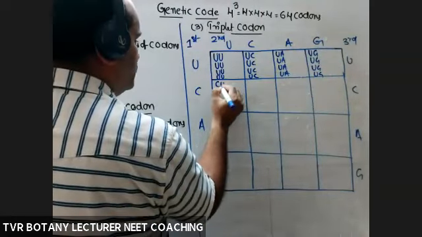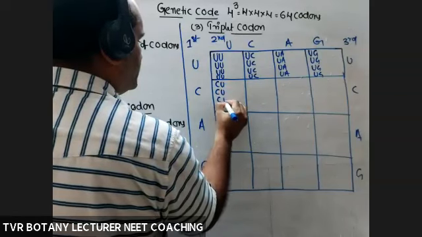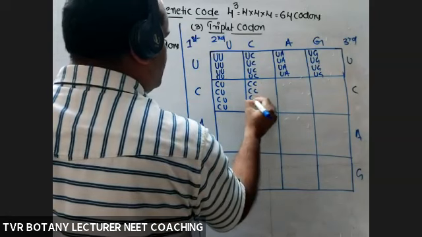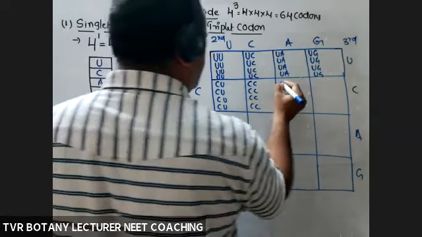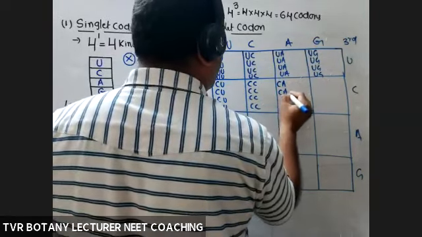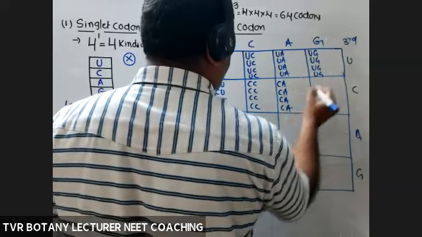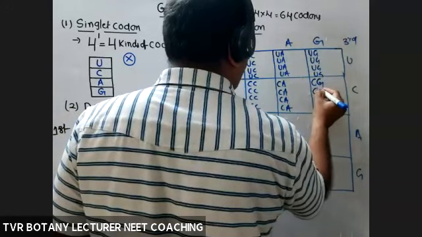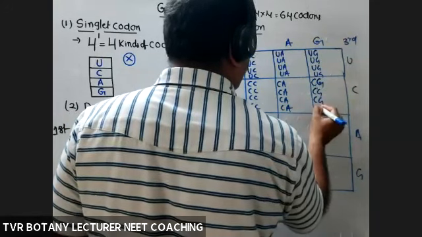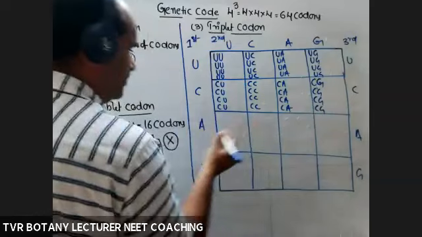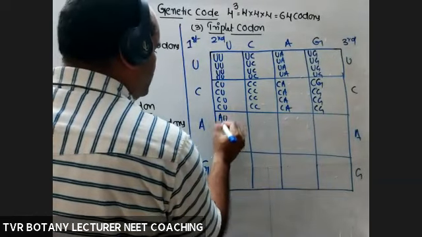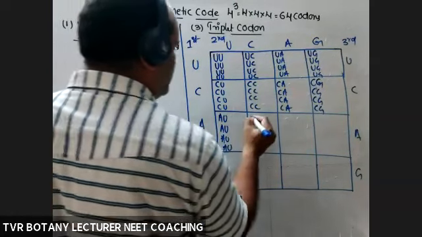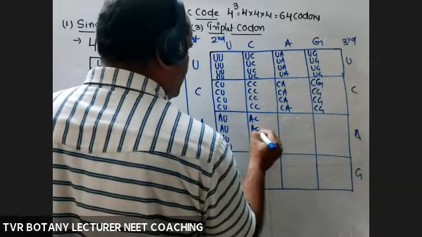Next, CU, CU, CU. CC, CC, and continue it. CA, CA. CG, CG, easy to prepare. AU, AU.